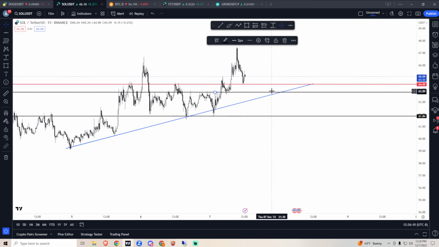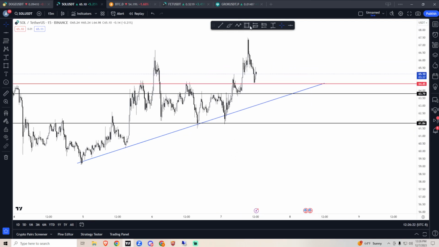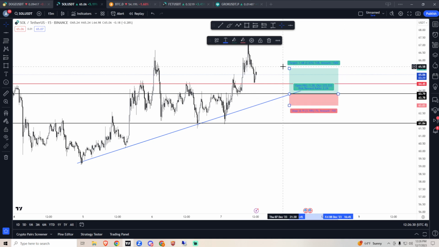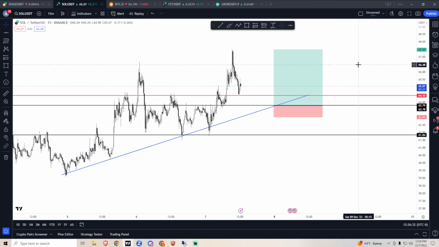If this takes another 6 hours, right? You have support of this trend line. You have horizontal support here, right? So the play, if we go further out, would be such as this. Okay, stop loss would be very tight, and you're targeting higher. Okay, I have two confluences for this.